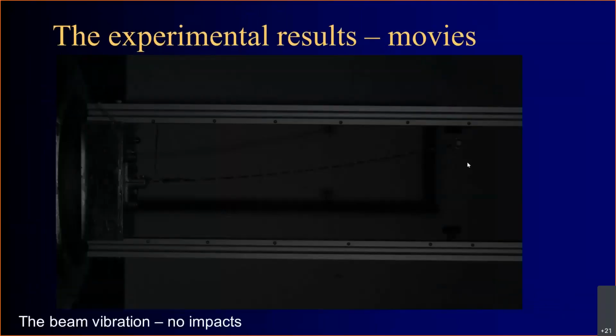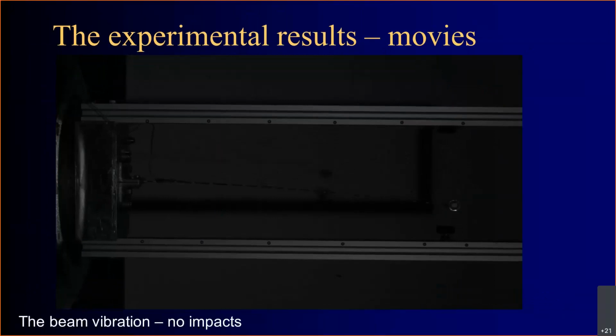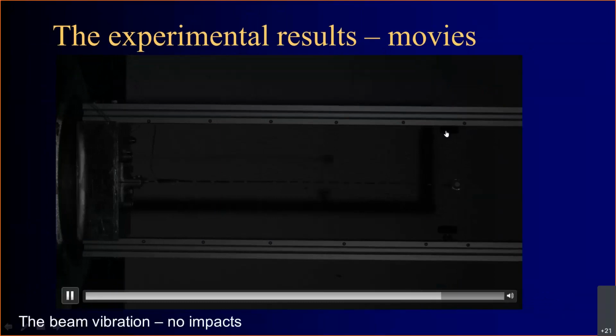Okay, and here is a movie of the beam vibrating without impacts. We can see there is no touch to these limiters of movement. One can see again, it goes right and back.